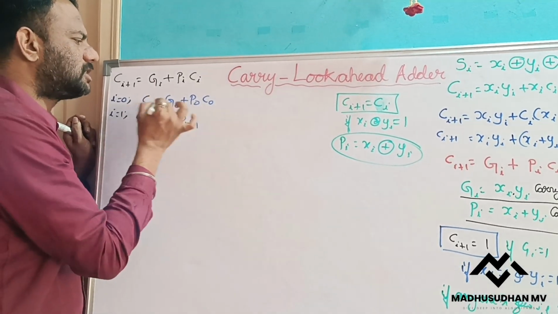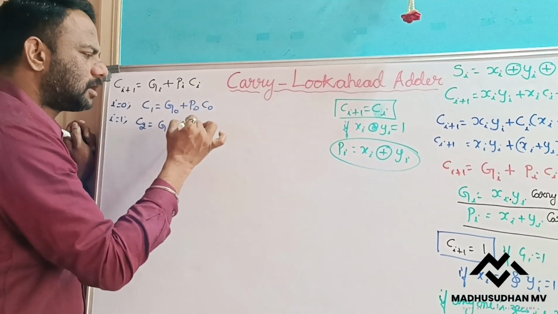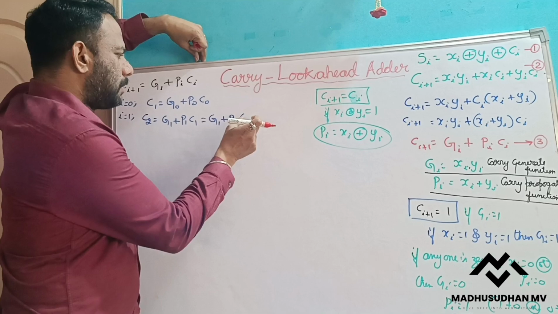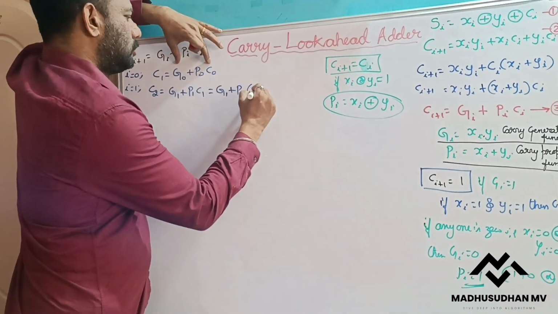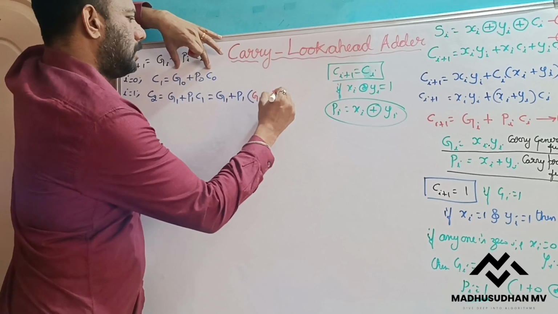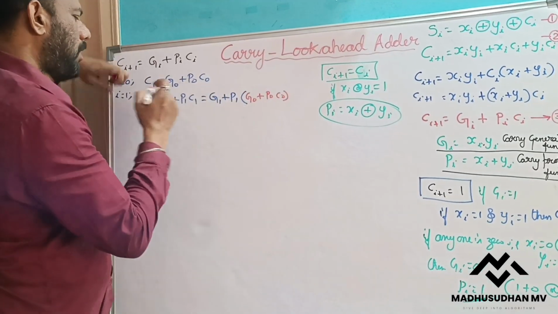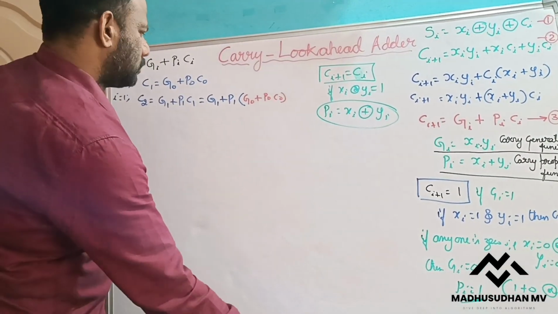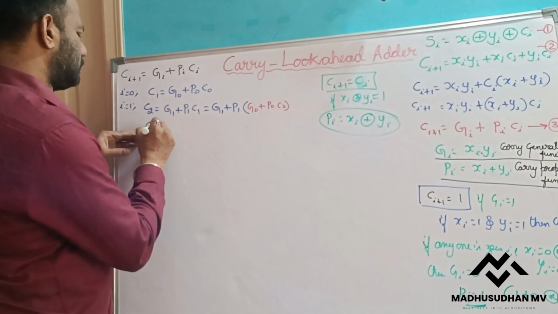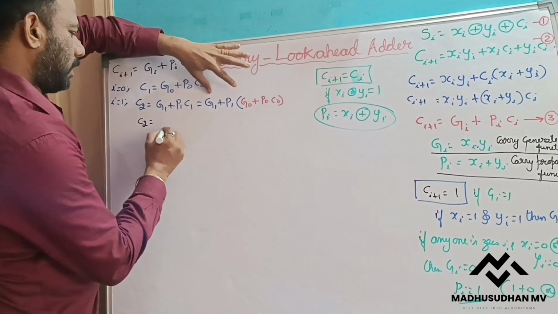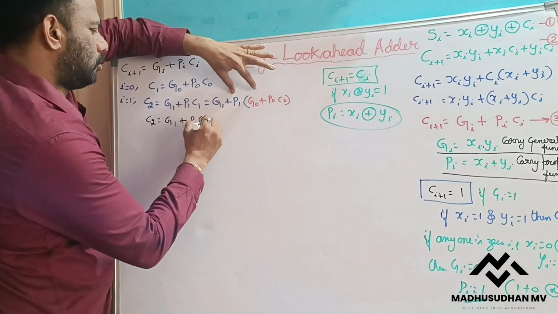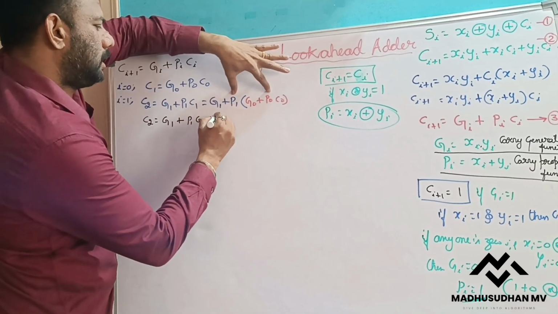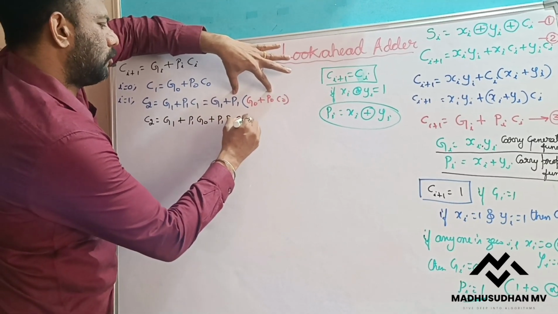But I know what the C1 value is. So in place of C1, I am replacing this value, G0 plus P0 into C0. Now I will multiply these two. So I will get C2 is equal to G1 plus P1 into G0 plus P1 into P0 into C0.